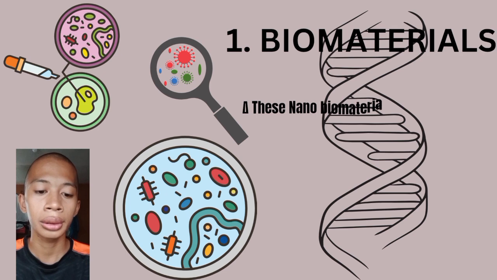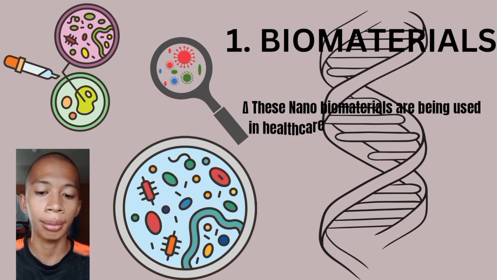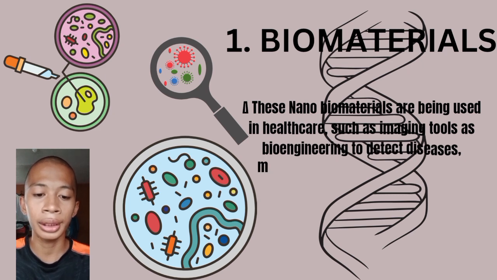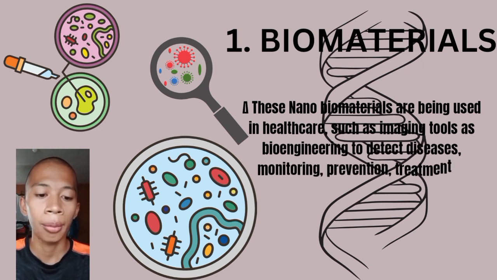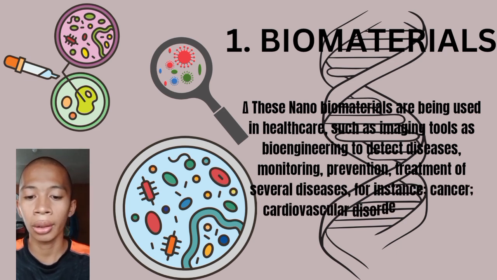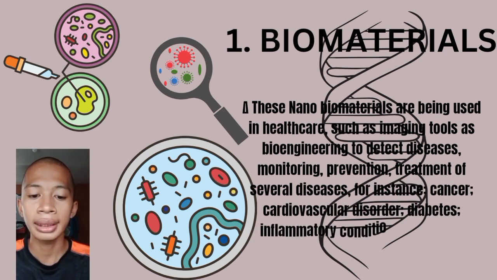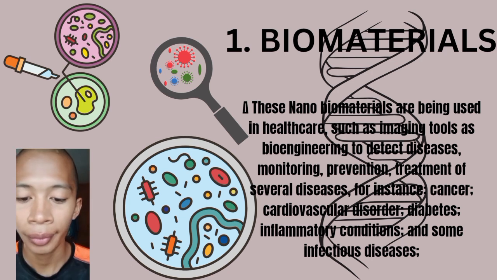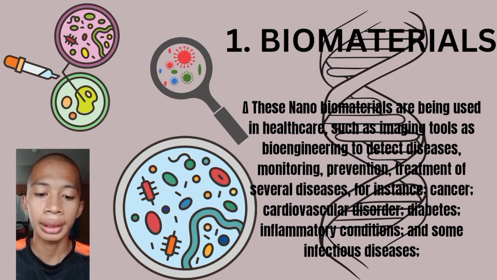Biomaterials are used in healthcare such as imaging tools and bioengineering to detect disease, monitoring, prevention, treatment of several diseases, for instance cancer, cardiovascular disorder, diabetes, inflammatory conditions, and some infectious diseases.